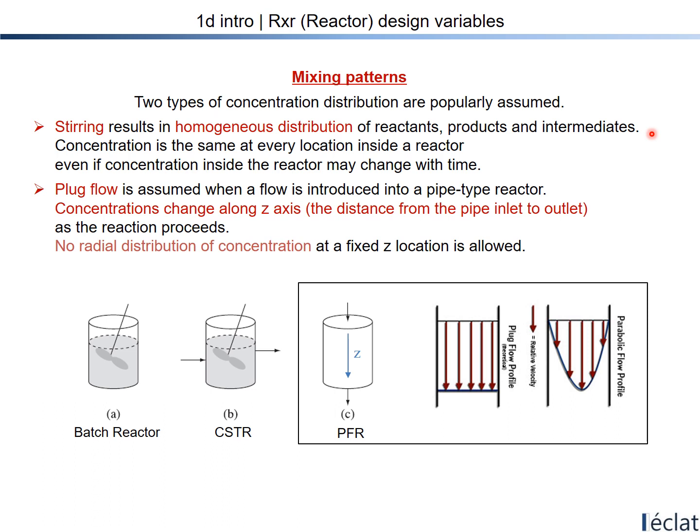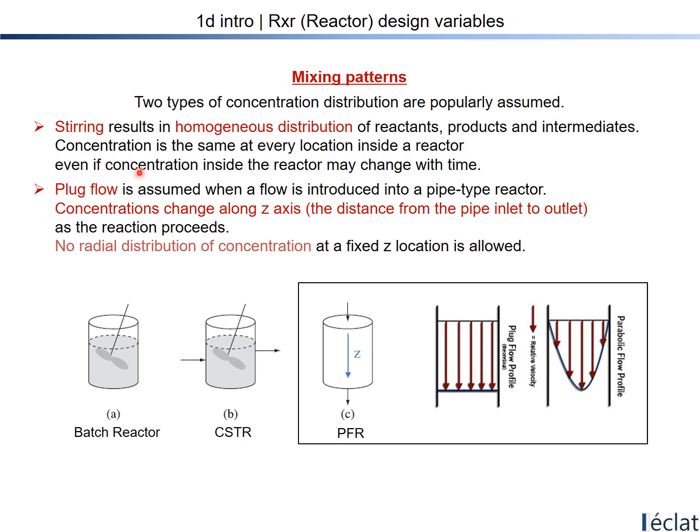You can find this stirring mode in a batch reactor, sometimes a continuous stirred tank reactor, CSTR. In this case, concentration is the same at every location inside the reactor.